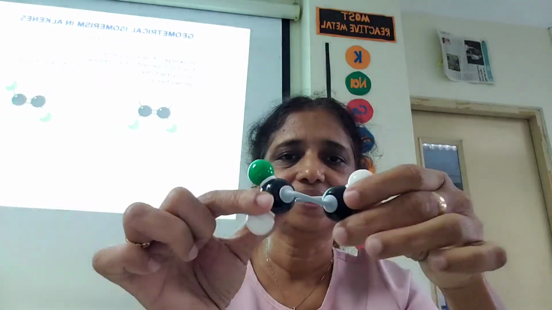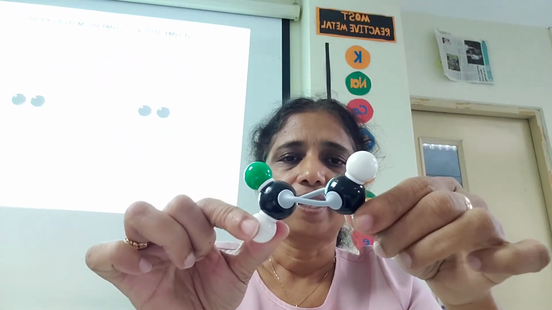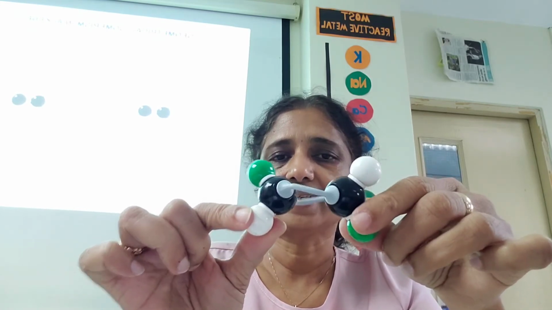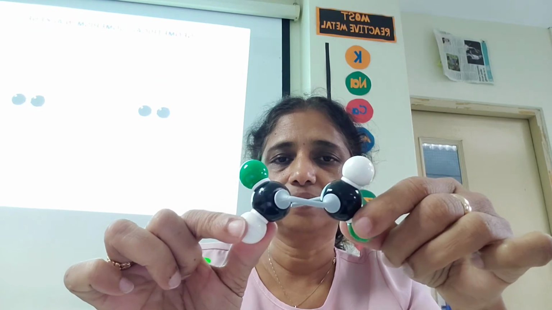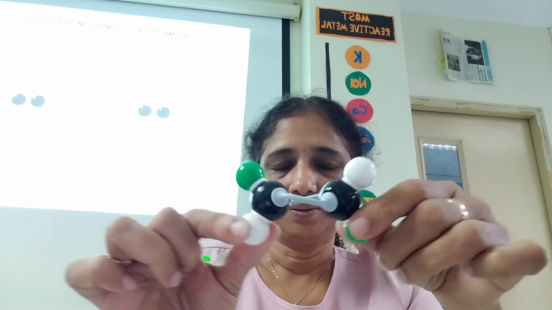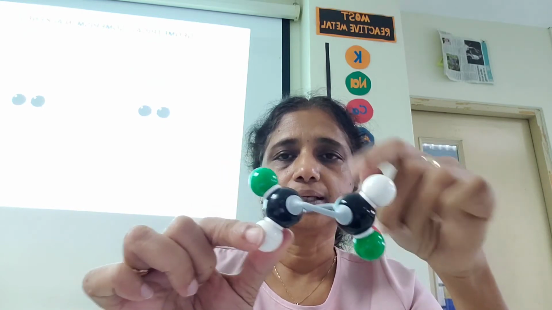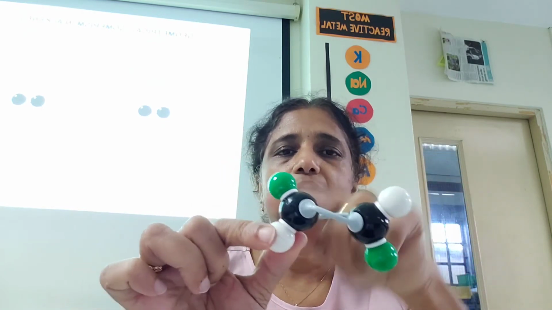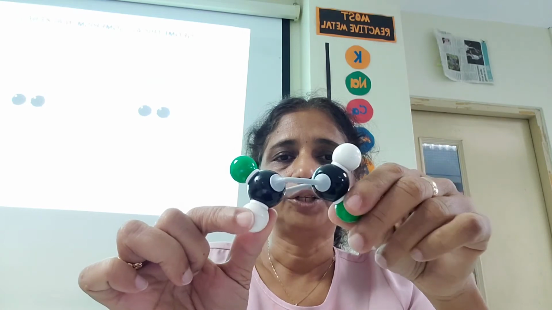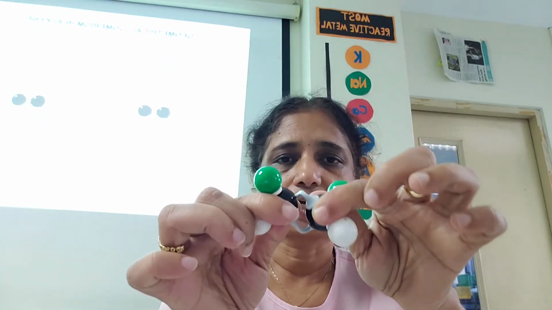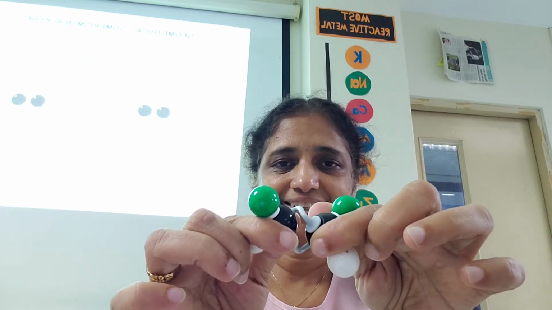Now, if they are lying on opposite sides like this, chlorine on the opposite side and hydrogen on the opposite side, then we have the Trans isomer, also known as the E isomer, Entgegen, after the German word. So you have the trans isomer when the two groups are lying on either side, and you have the cis isomer when the same groups lie on the same side, like that.